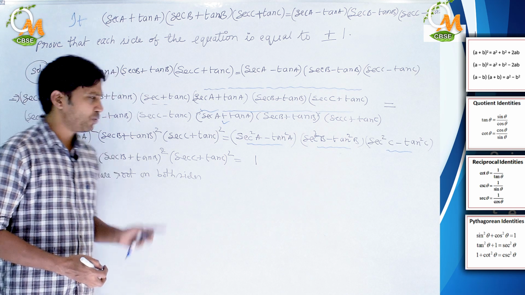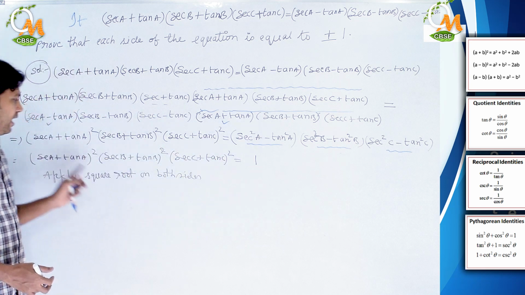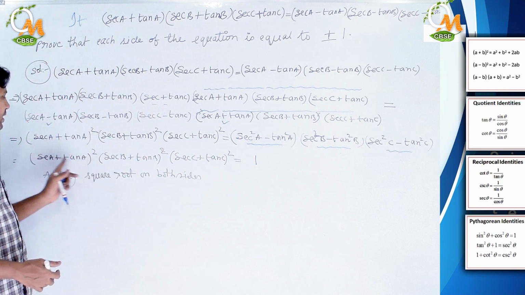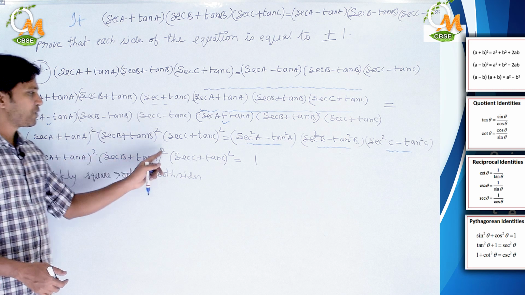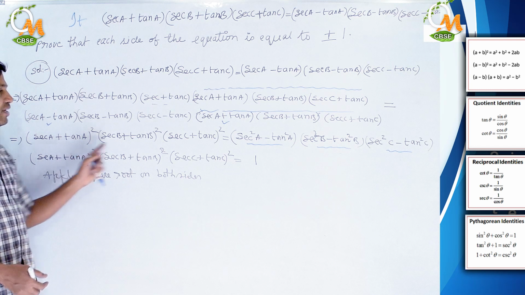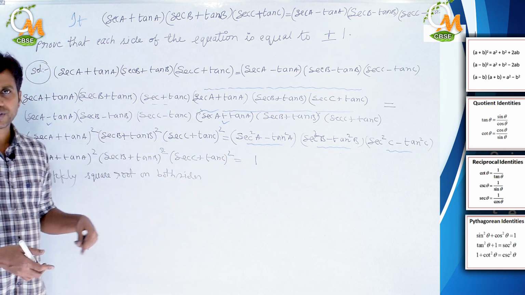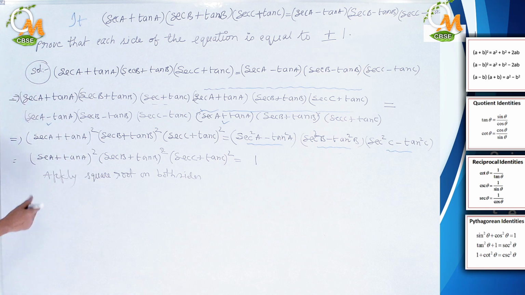I don't want to write the square root here because it will be a bigger symbol. After applying the square root, all the expressions have squares and are multiplied together, so the square will be cancelled with the square root. What will be left on this side?